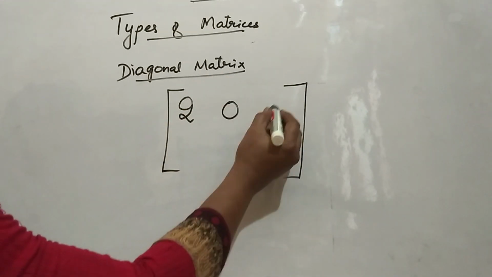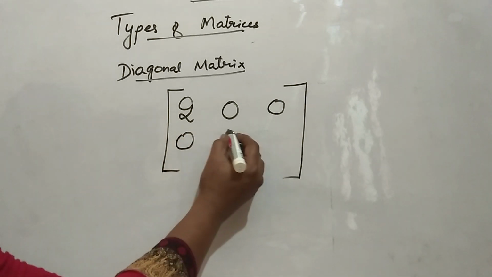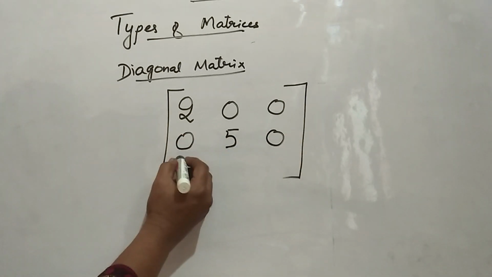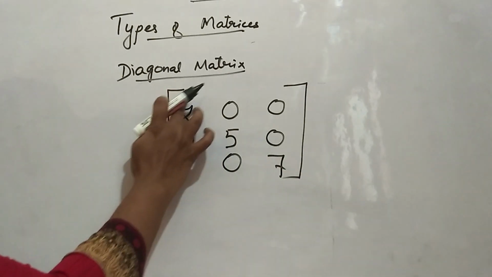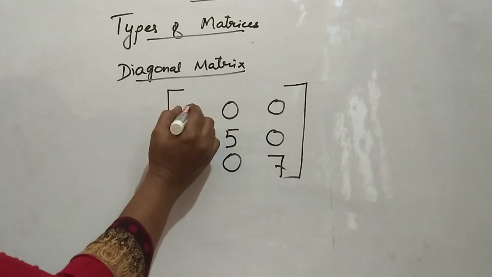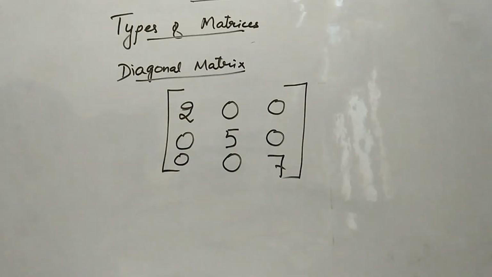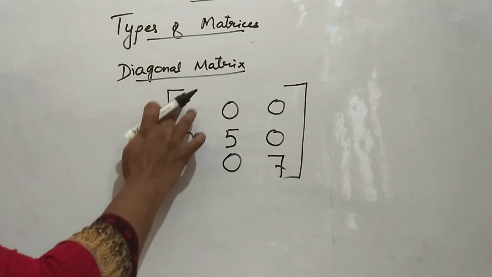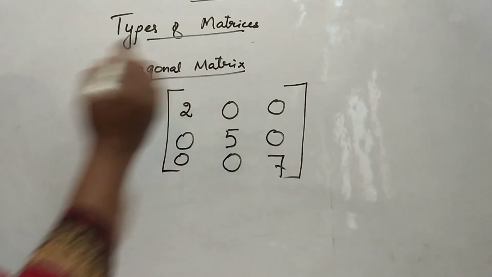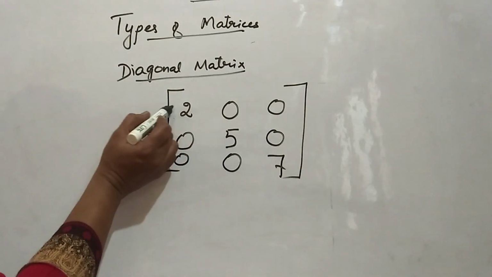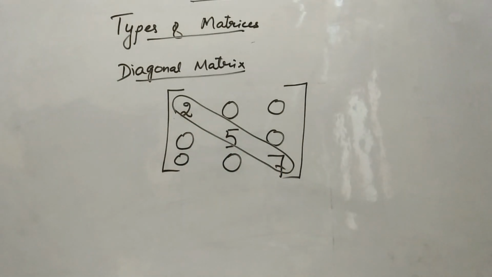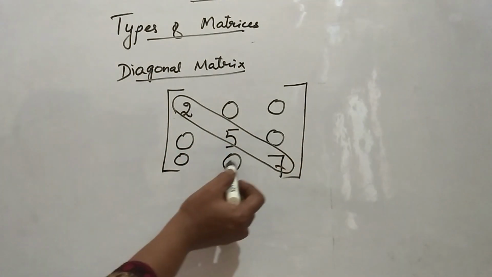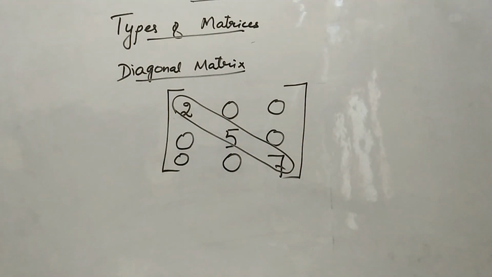For example, 2, 0, 0, 0, 5, 0, 0, 0, 7. Diagonal matrix: only in the diagonals you can see the numbers. The remaining other elements are equal to 0. This is the diagonal matrix.